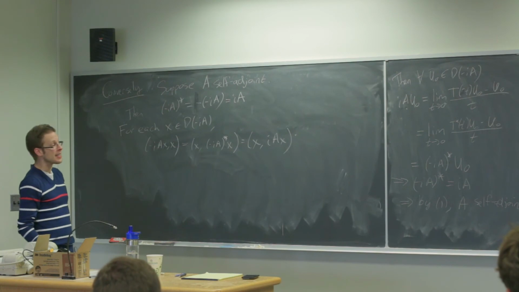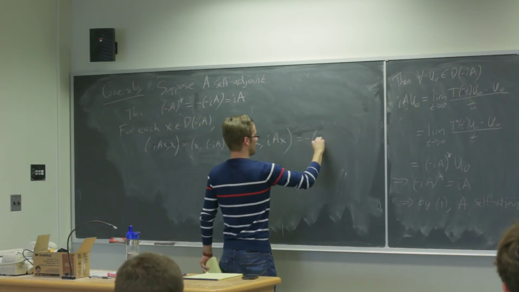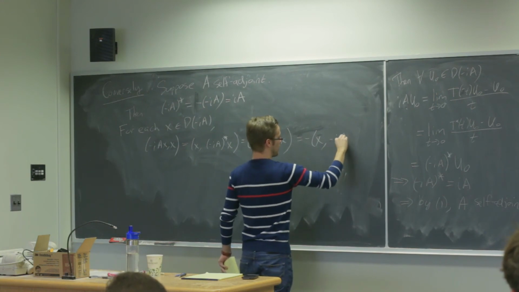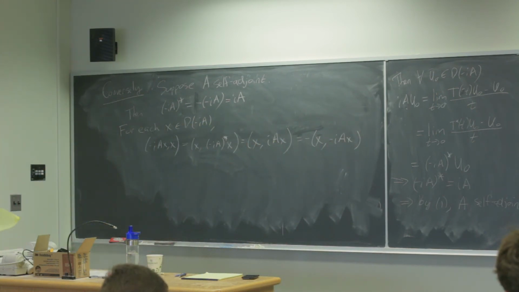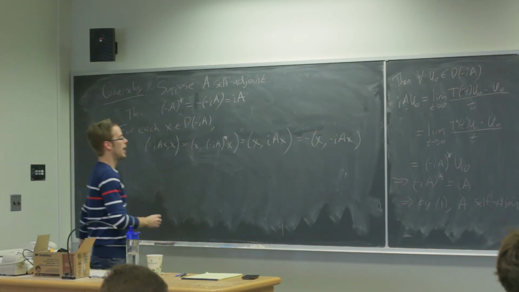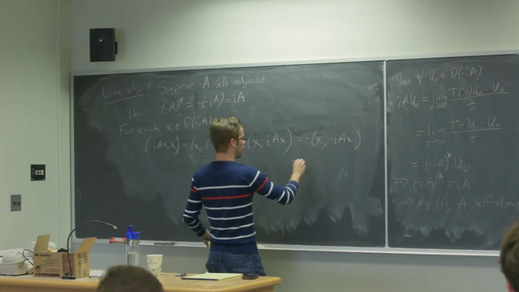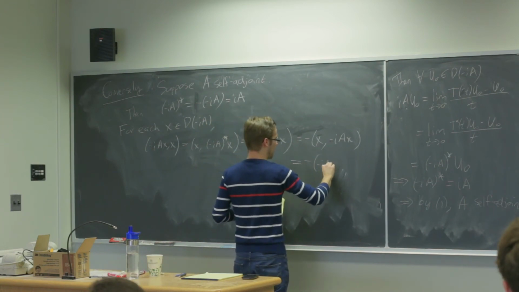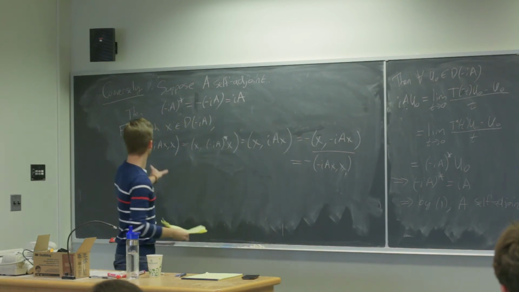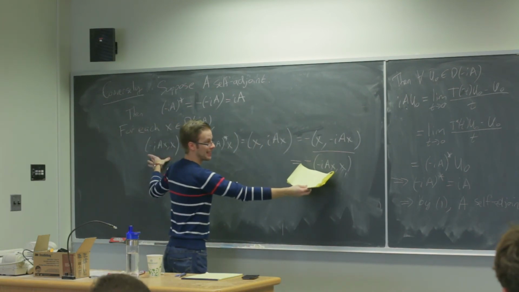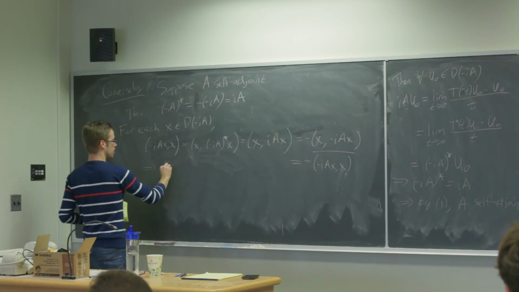I'm going to introduce two minus signs now. You'll see why in a second. This is equal to minus (x, minus iAx). And then I'm going to introduce the complex conjugate. Write this as minus the conjugate of (minus iAx, x). I have the same thing here is equal to minus its conjugate. This implies that the real part is equal to 0.